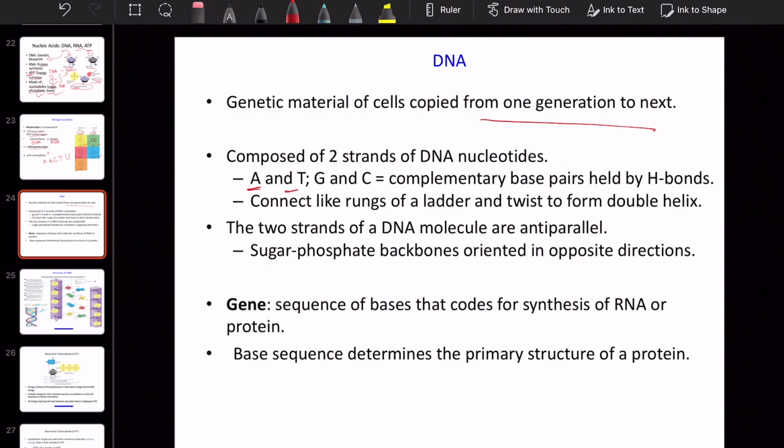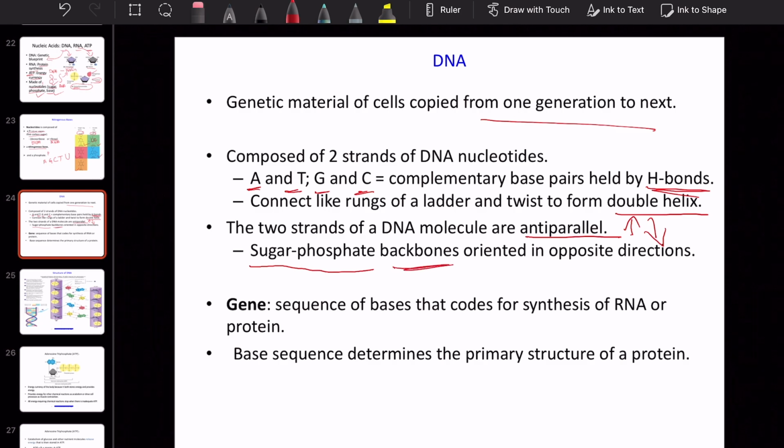A and T go together, G and C. They are held together by hydrogen bonds. They form a double helix structure. They are anti-parallel: one strand goes in one direction, the other strand goes in the opposite direction. So they form the sugar phosphate backbone.